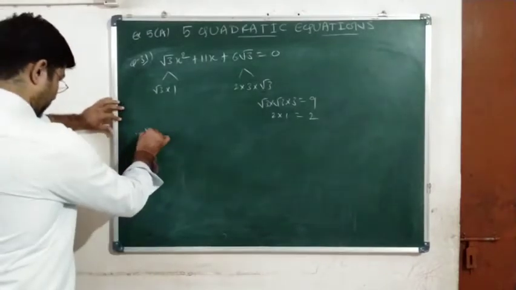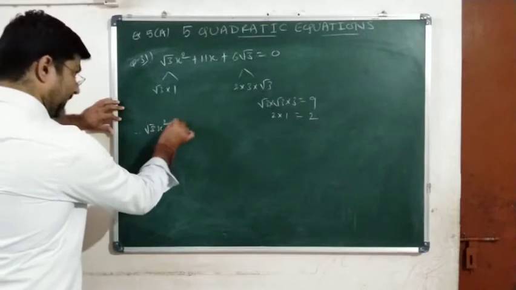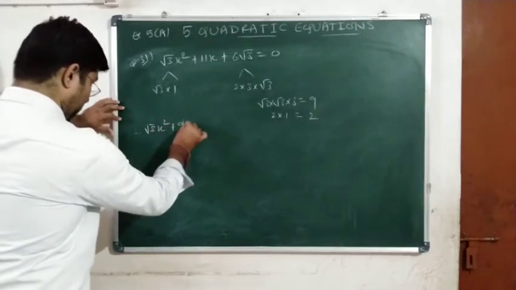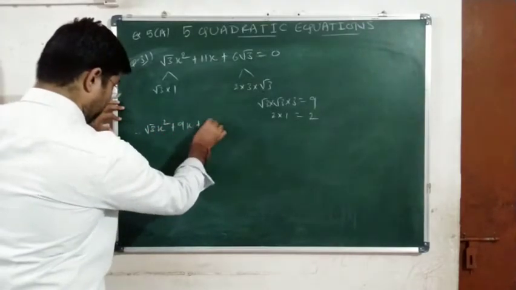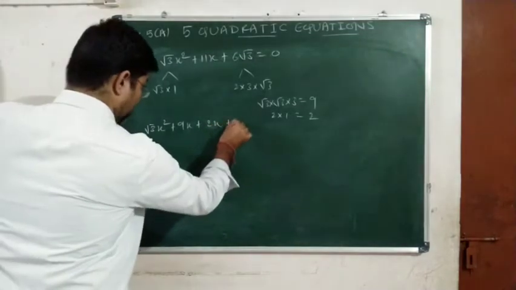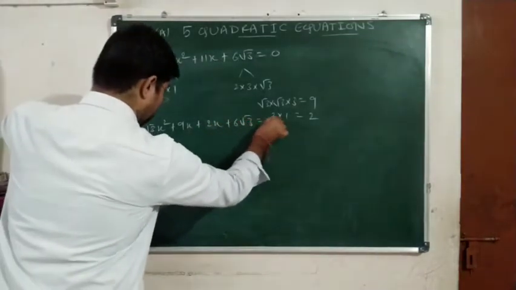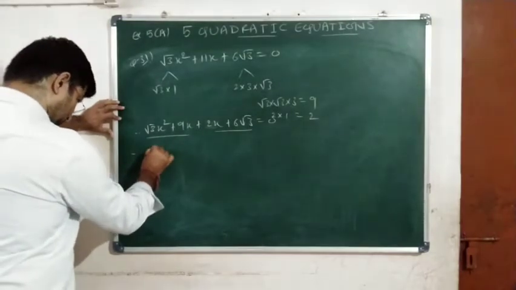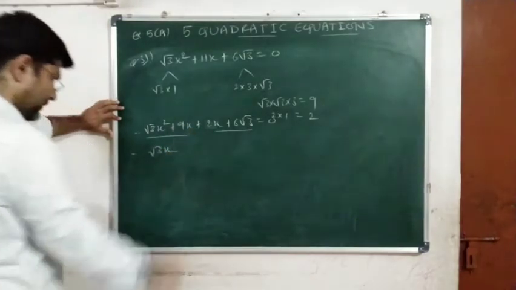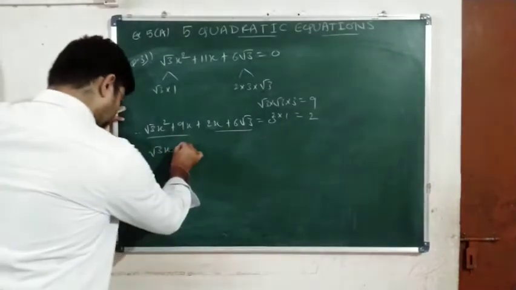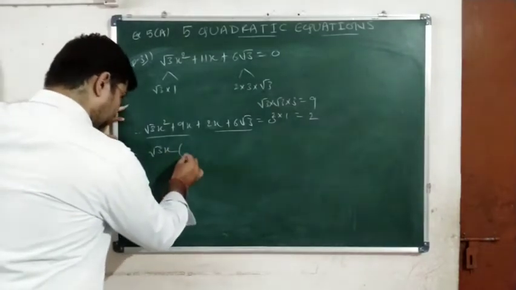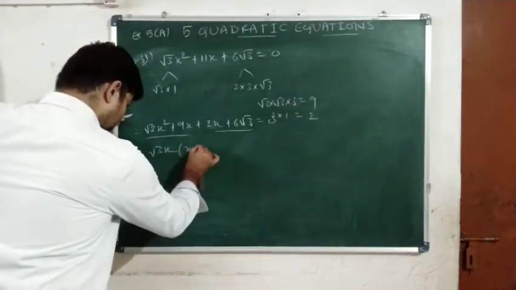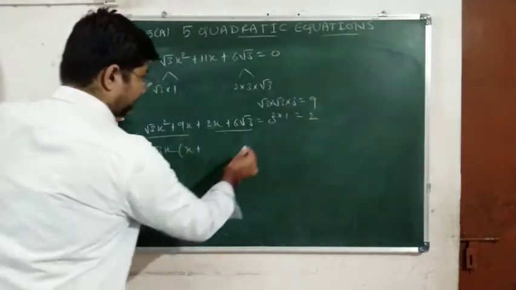Okay, therefore root 3x square plus 9x plus 2x plus 6 root 3 is equal to 0. Now we can take root 3x common. Yes or no? So what is left? The leftover is x plus, okay, now 9.